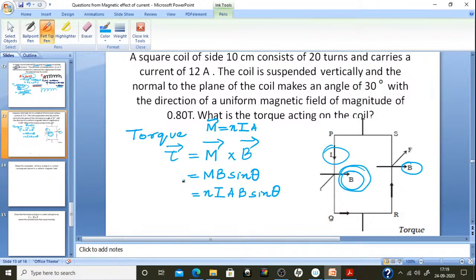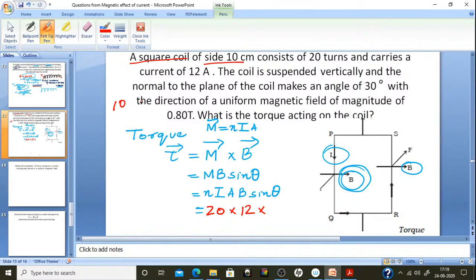What is N? If you read the question, the number of turns is 20, so N is 20. I, what is the current? 12. What is the area? Since it is a square, the question says a square coil whose side is 10 centimeter.